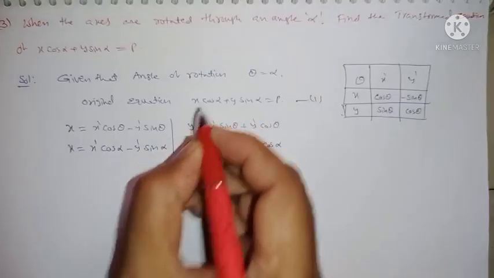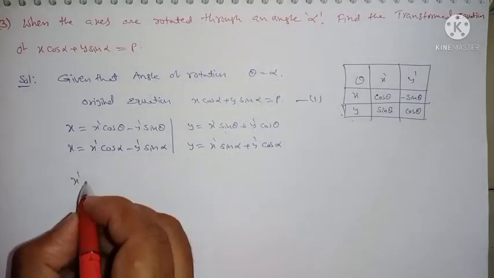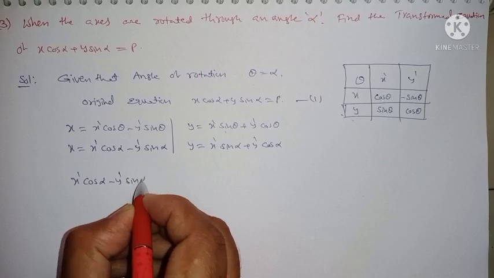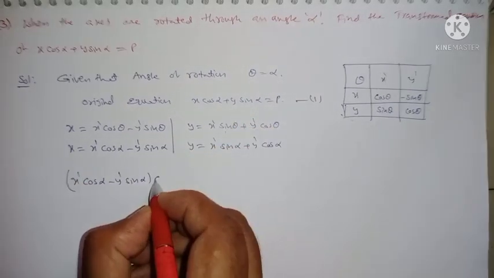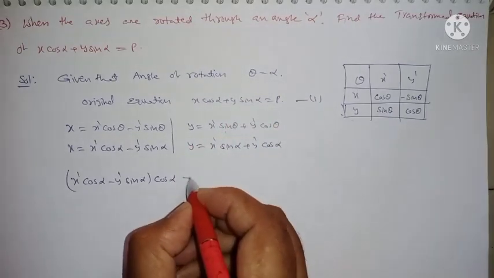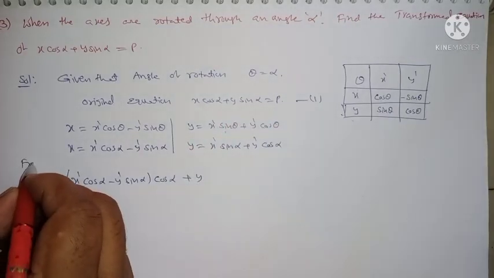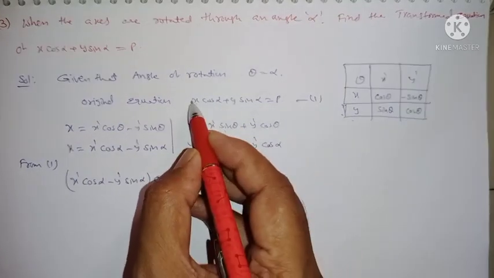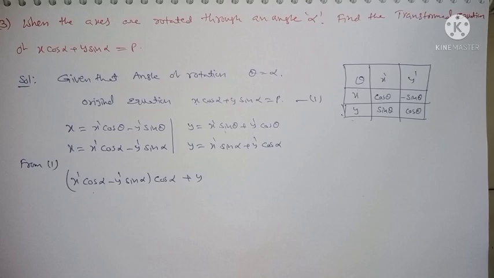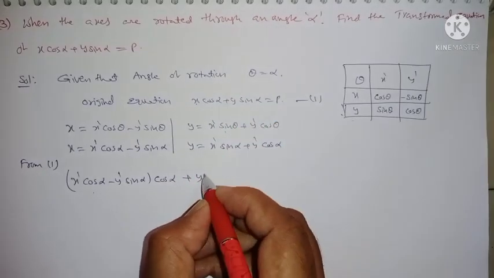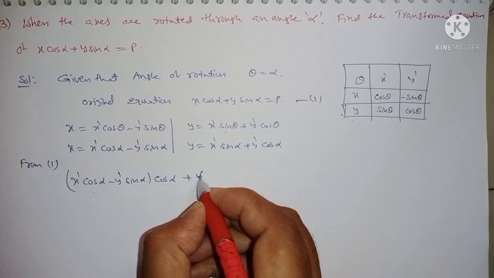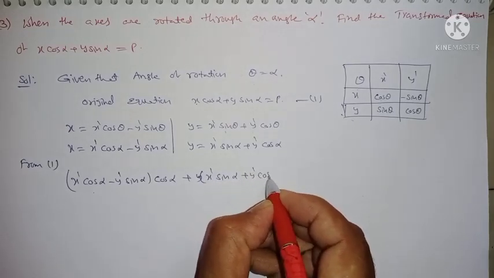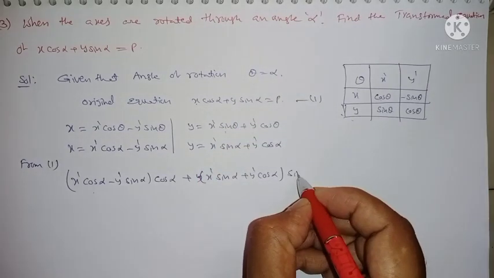Observe here. From equation 1, x cos alpha plus y sin alpha is equal to p. X is nothing but x dash cos alpha minus y dash sin alpha, and y is nothing but x dash sin alpha plus y dash cos alpha, and you substitute these values.